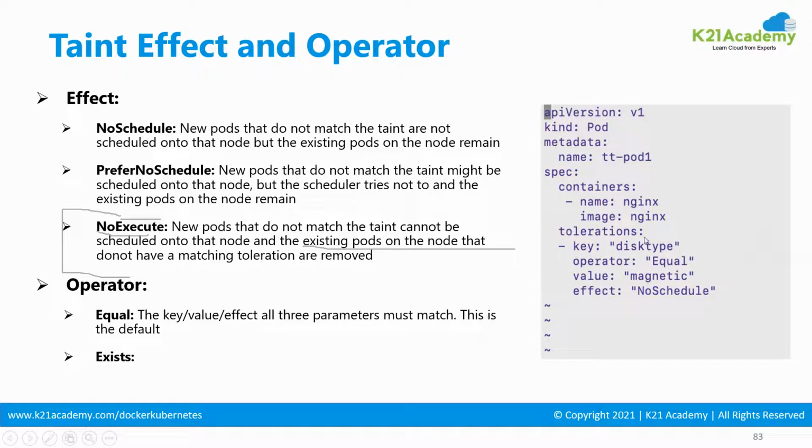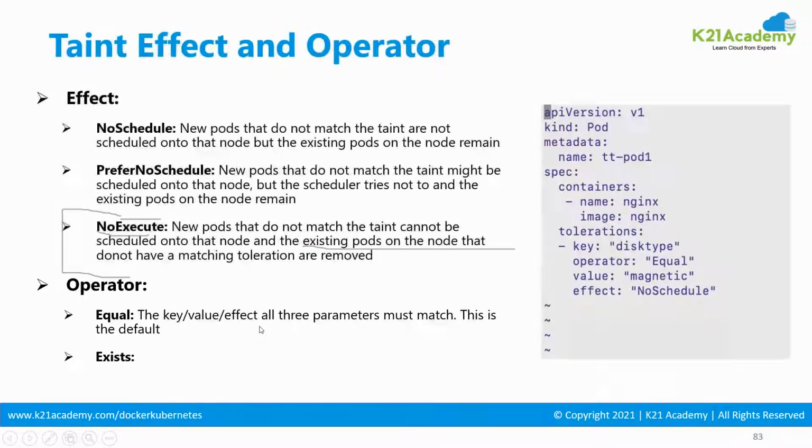So the key is disk type, value is magnetic, and effect is NoSchedule. If all three match, then that toleration takes effect. Otherwise it won't, and the pod will get deployed on the tainted worker node only if this toleration is defined inside the pod manifest.